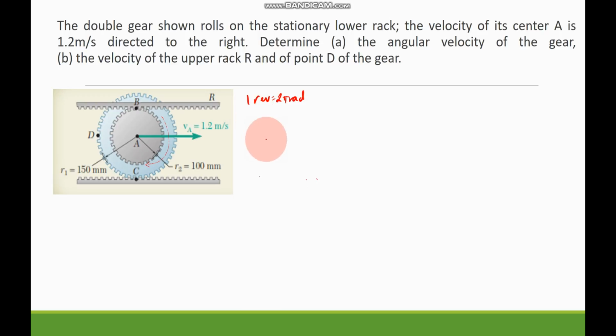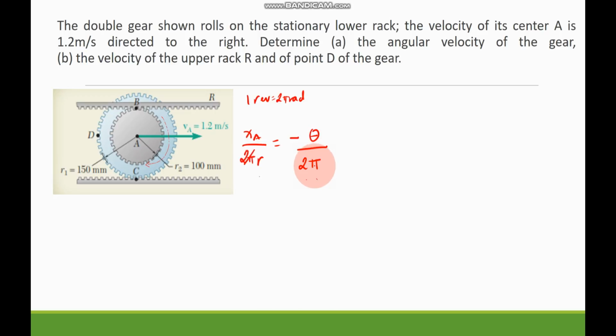So let us take the ratio and proportion of the movement of A with respect to its rotation. So let's say the position of A, its full rotation, is equal to its circumference. So 2 pi r is equal to, since it is in clockwise direction, negative theta, and the full revolution is equal to 2 pi.